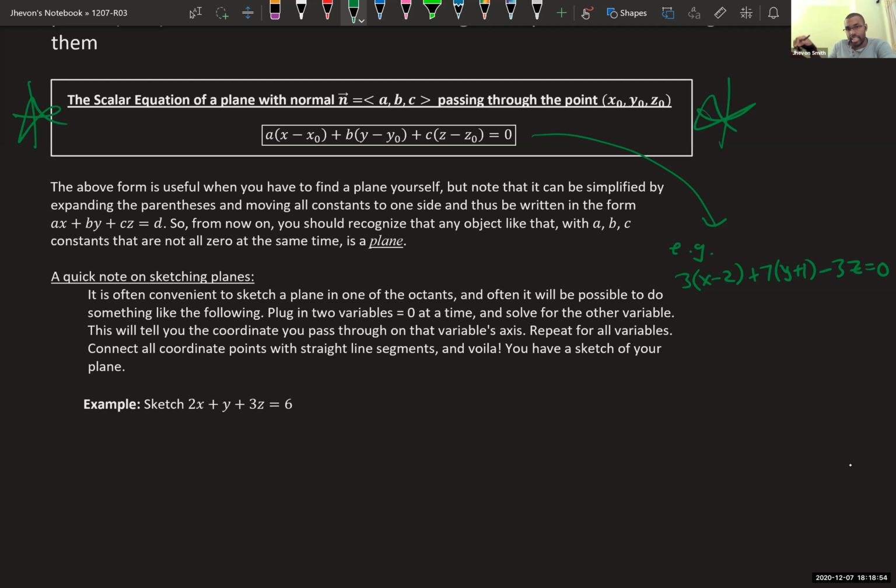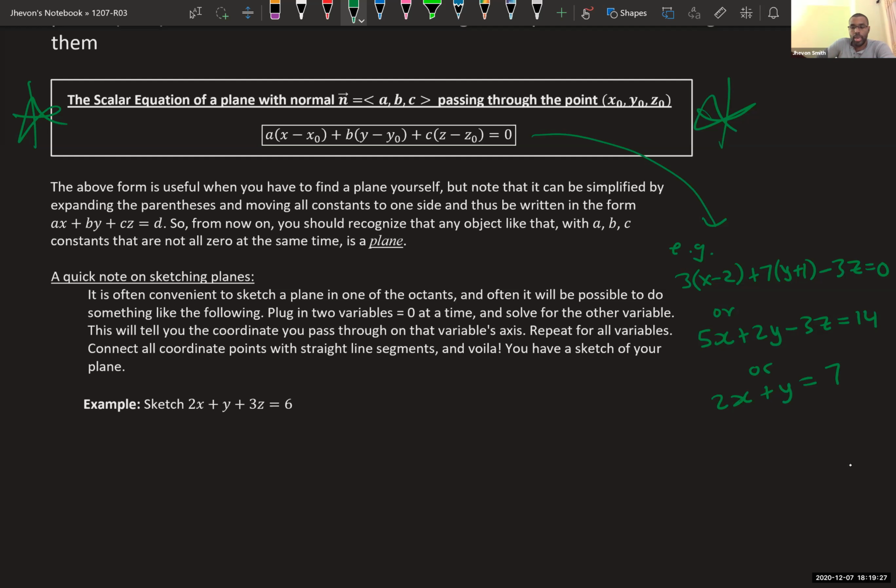So you can usually expand these and write it as maybe 5x plus 2y minus 3z equals 14, or something like 2x plus y equals 7, right? These, especially the last one, you would think of as a line in Calc 1 and below. It is a plane in Calc 3. But that is the general form.